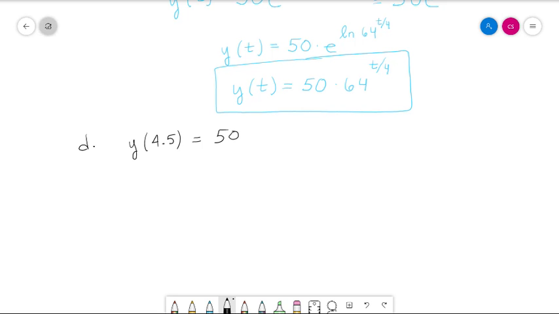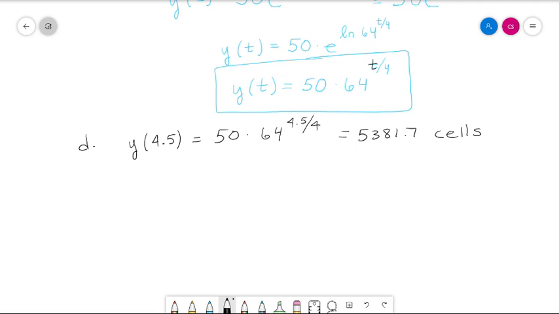Okay, so all we have to do here, if time is 4.5 hours, and we want to figure out the population after 4.5 hours, we're just going to plug it in at t. Okay, so throw that in your calculator to get your amount of cells, amount of bacteria.